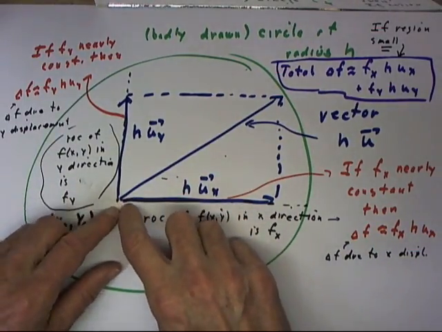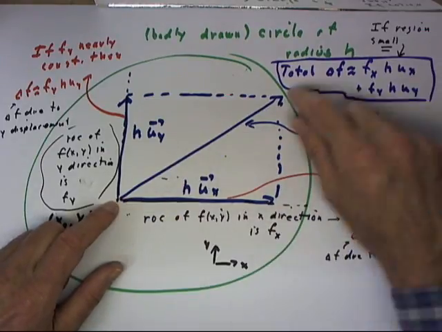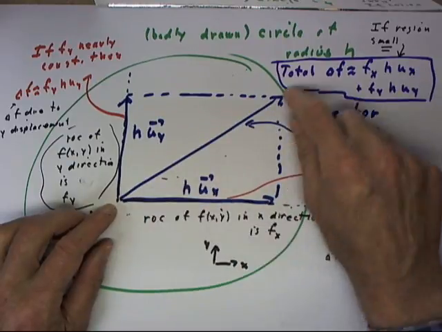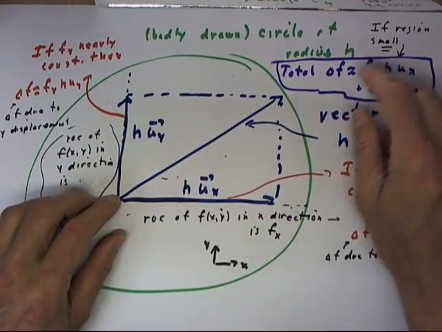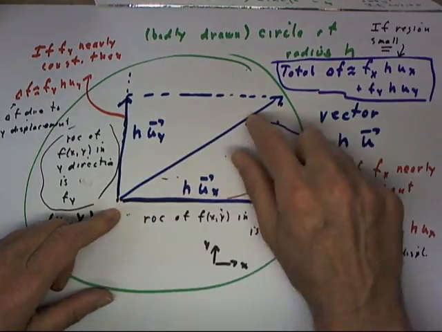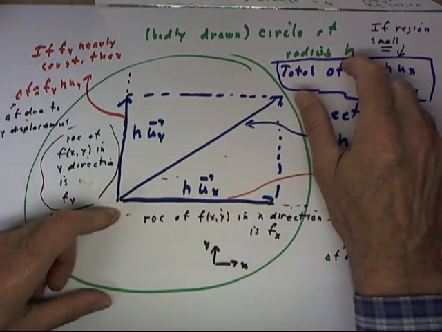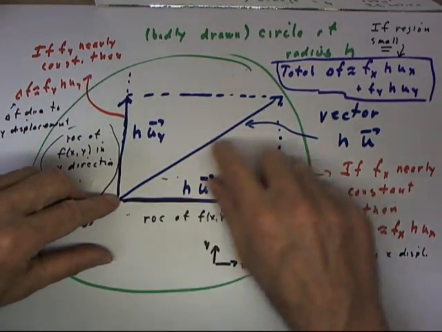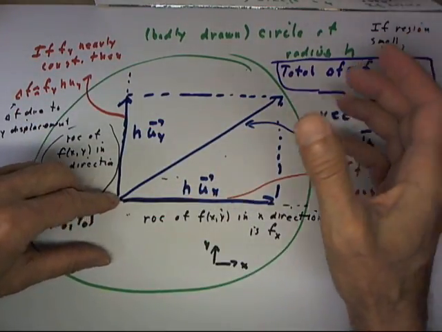Our unit vector u still has the same direction as before, and if h is very small, u can go on for what would be on this scale a huge distance, miles, light years, whatever. We can make h small enough that the u on this scale could be as large as we wish.